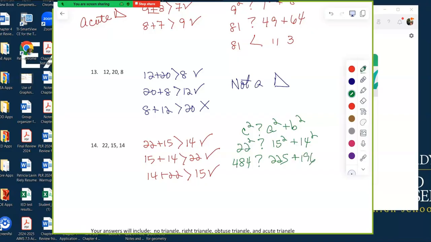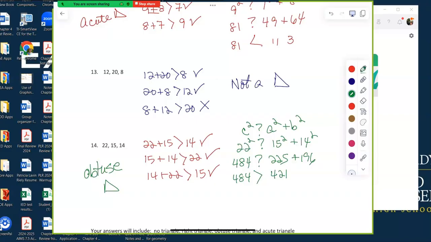So I'm going to add 196 and 225, and I get 421. So 484 is greater than 421. If the c squared side is greater, then that means I have an obtuse triangle.